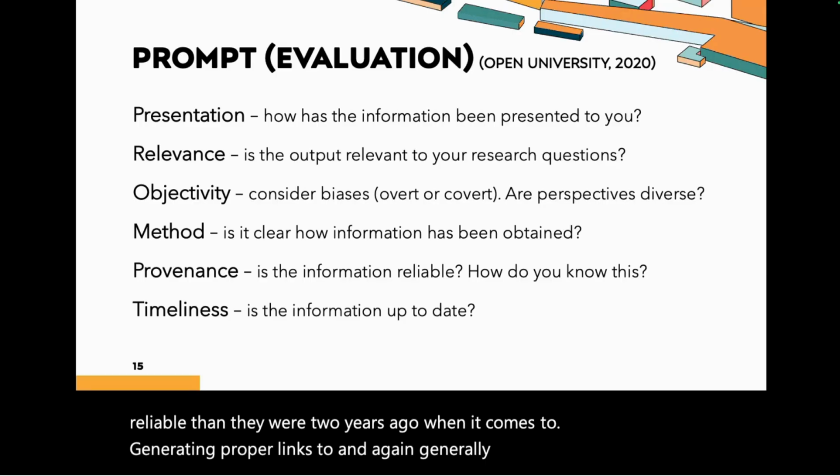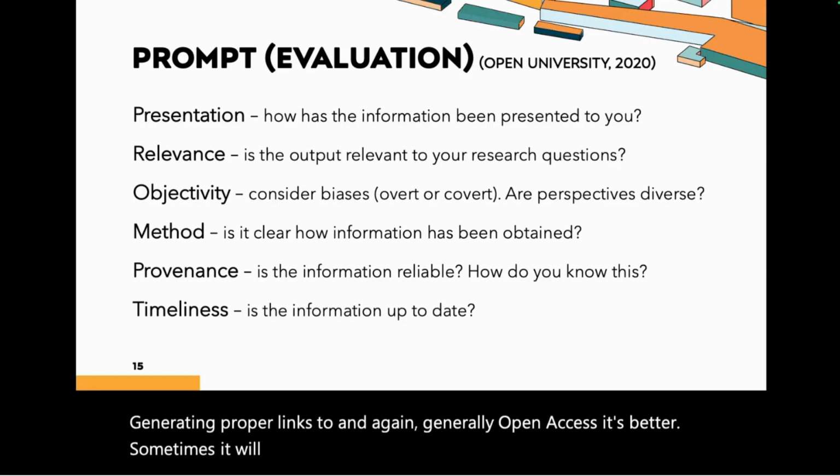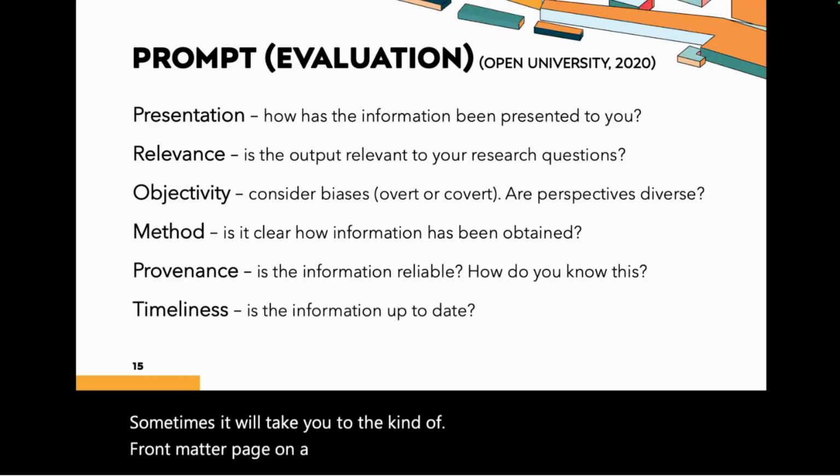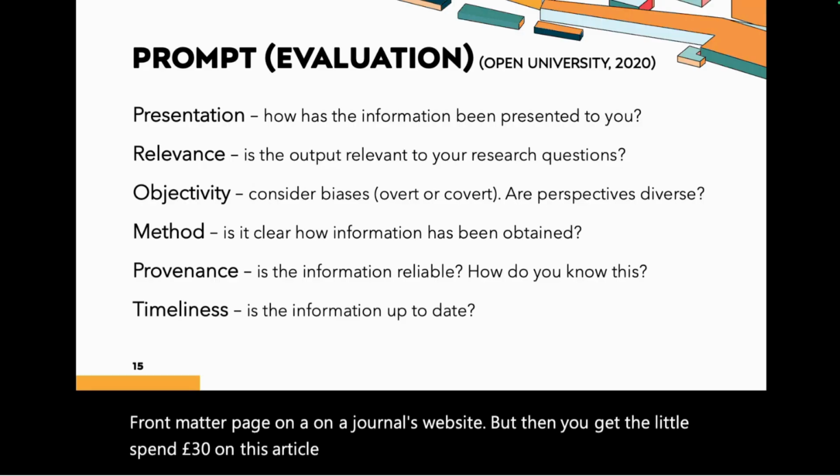Sometimes it will take you to the front matter page on a journal's website, but then you get the little prompt to spend £30 on this article or sign in through your institution.